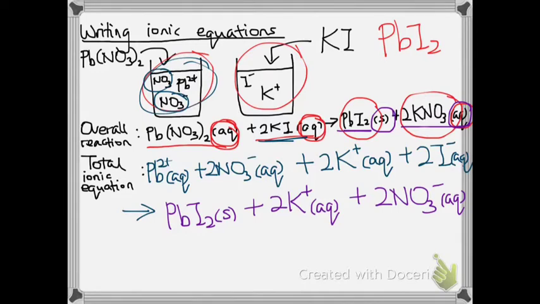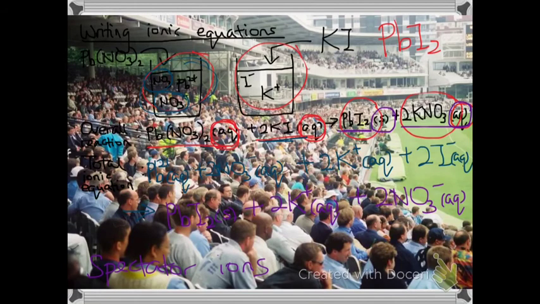Now, before we go any further, I'm going to introduce to you the concept of spectator ions. What are spectator ions? Let's think about it. In any kind of match, let's say a football match, you always see a lot of spectators sitting by the sides, isn't it?